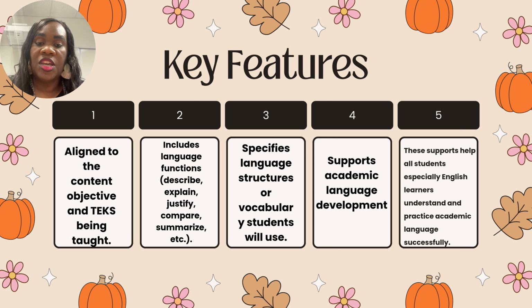Third, think about the specificity, language, or structure, and the vocabulary that students will use. Fourth, does this support academic language development? And five, does it support or help all students, especially the English learners, understand and practice academic language successfully? So, those are five key features to think about when you're developing and writing your language objectives.